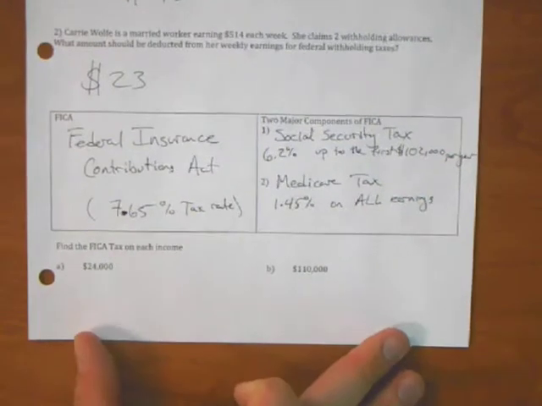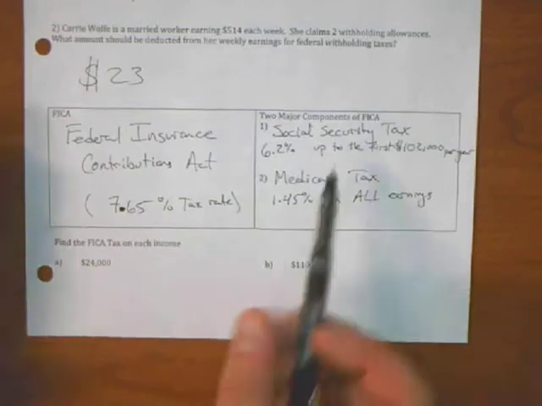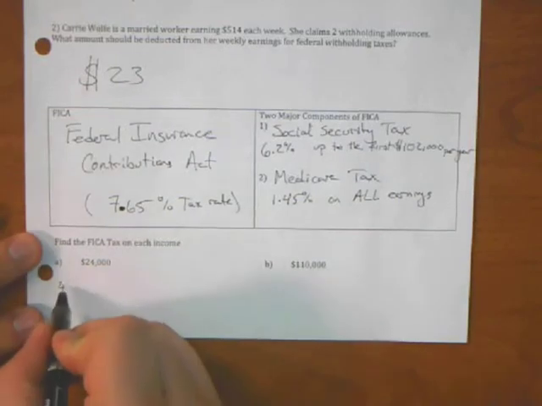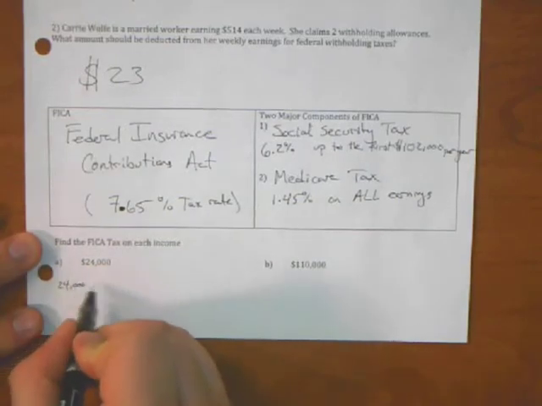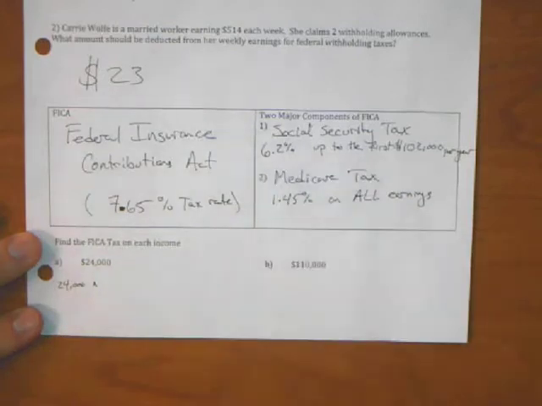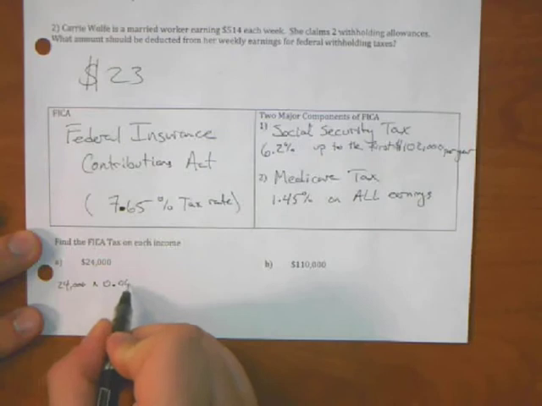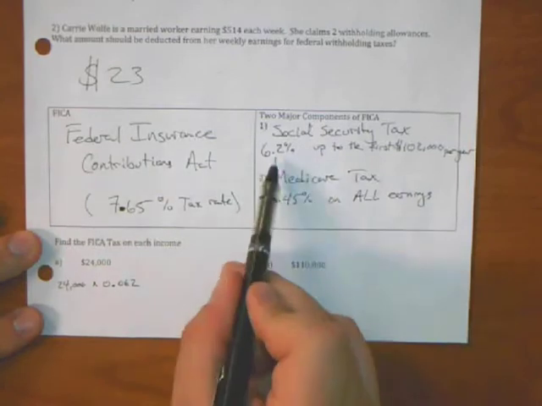If I ask you, how much does someone get taxed on, say, a $24,000 income? For Social Security, we'll take the first $24,000 and multiply it by 6.2%. Do we need a refresher on how to multiply by a percentage? Multiply by 0.062.